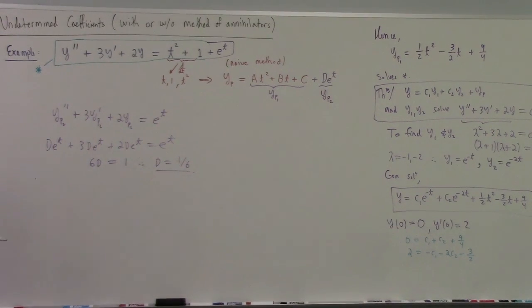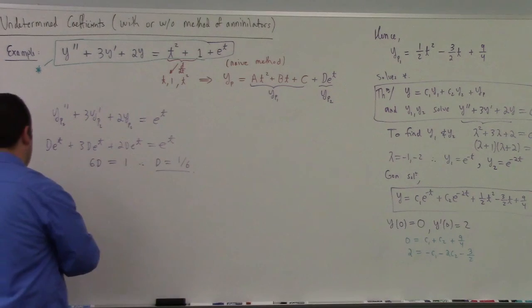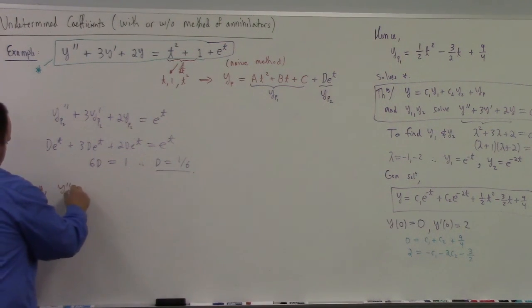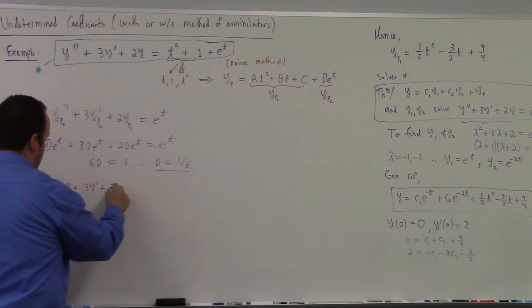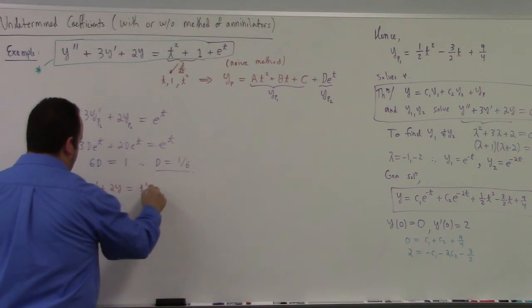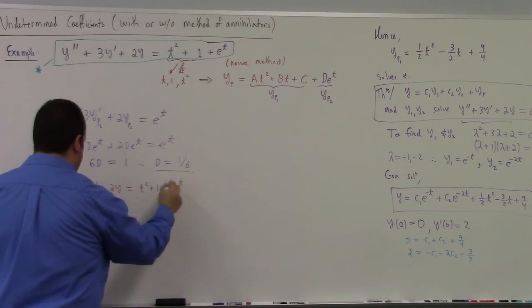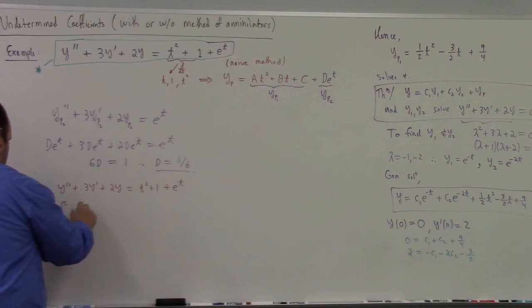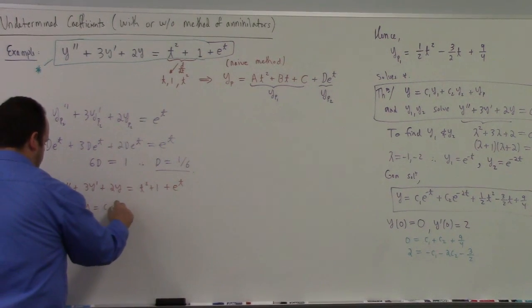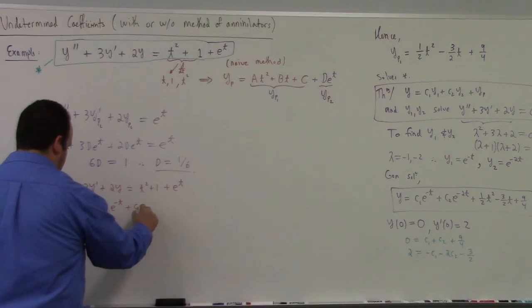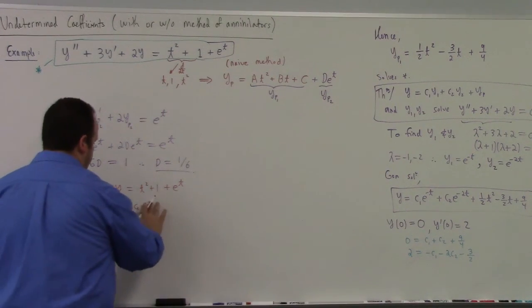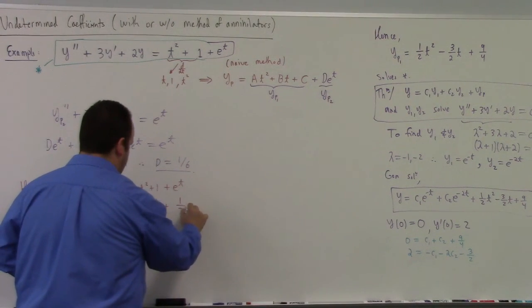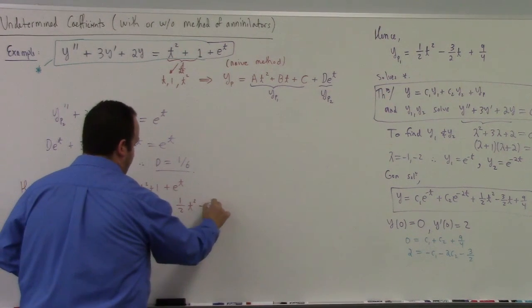And so, just to summarize, y'' + 3y' + 2y = t^2 + 1 + e^t has solution y = c1 e^(-t) + c2 e^(-2t) + 1/2 t^2 - 3/2, right?